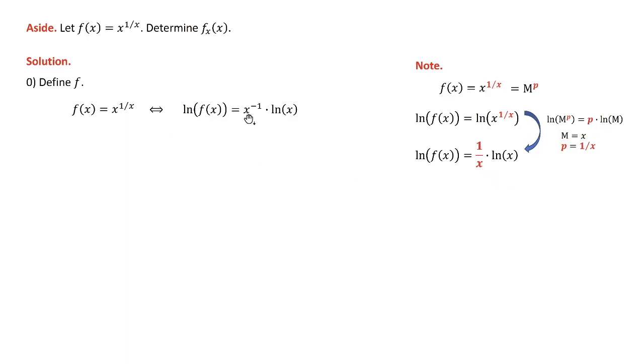And again, instead of taking it as 1 over x, I like writing it as x to the minus 1 power, right? I mean, this is back to basic differentiation techniques. X to the minus 1 is, I think, better than writing it as 1 over x. So we're going to do differentiation on this.